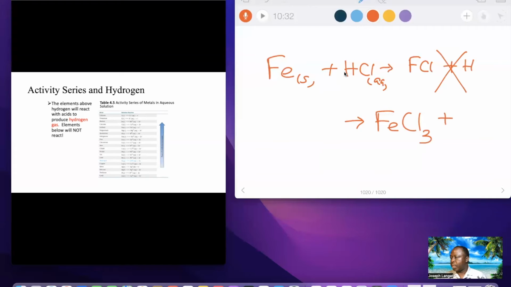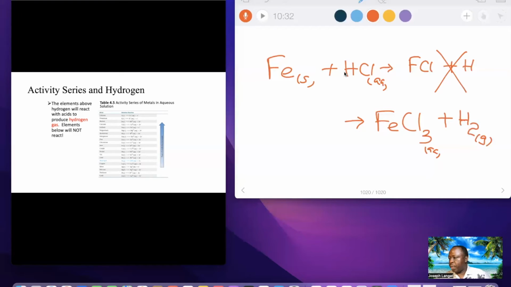Plus hydrogen gas. Remember, it's going to be hydrogen gas. Iron 3 chloride is soluble, so it's aqueous. Hydrogen gas is diatomic. This will affect how you balance the equation.